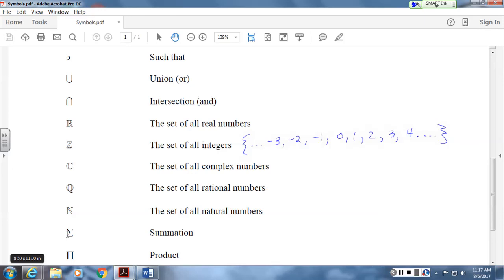Rational numbers can be written as a fraction. The set of all natural numbers. Natural numbers are your counting numbers. Remember when we first, as a human race, started discovering numbers, we didn't actually understand the concept of zero. Probably some dude was hanging out with his sheep saying, okay, I have 1 sheep, 2 sheep, 3 sheep, and so forth.